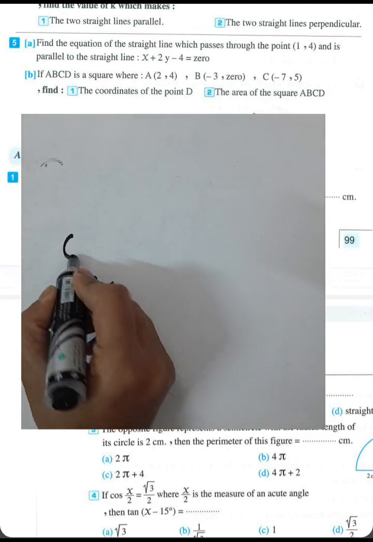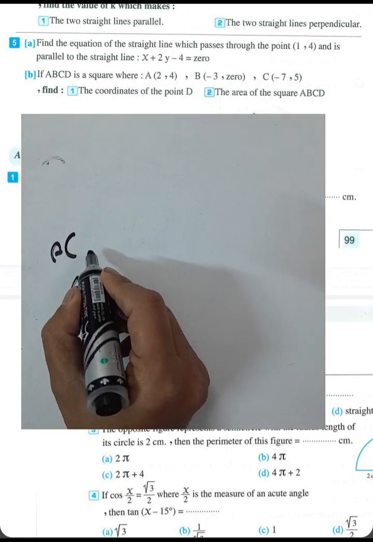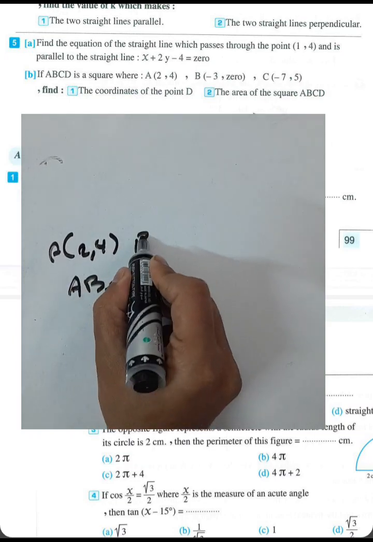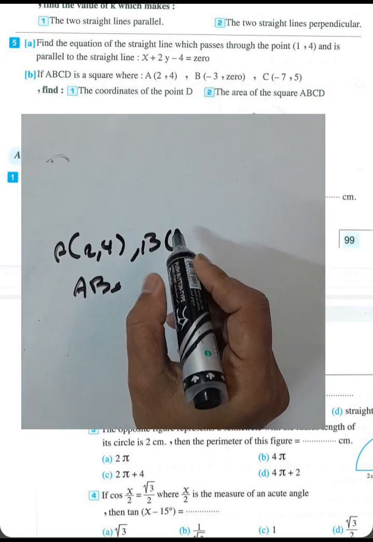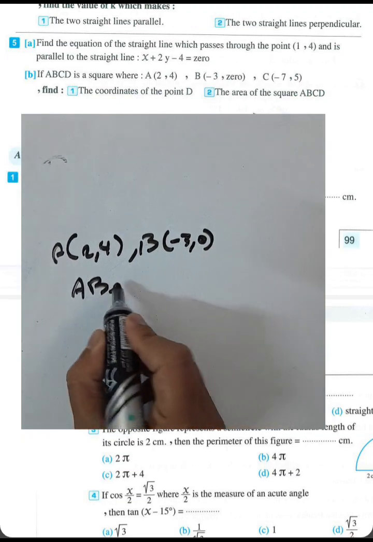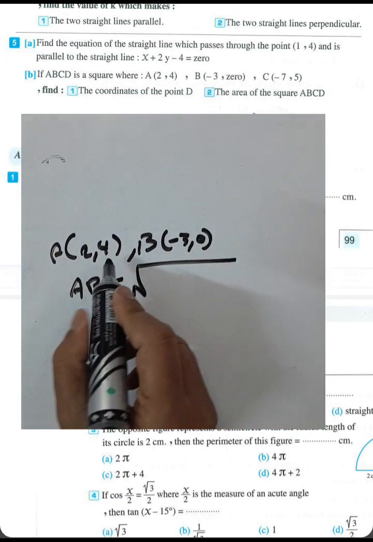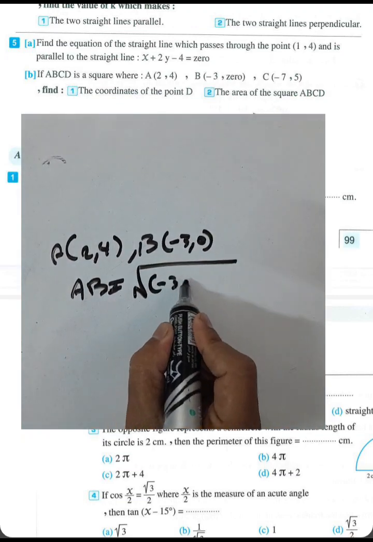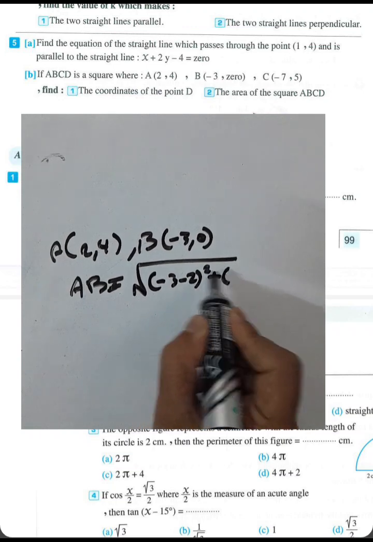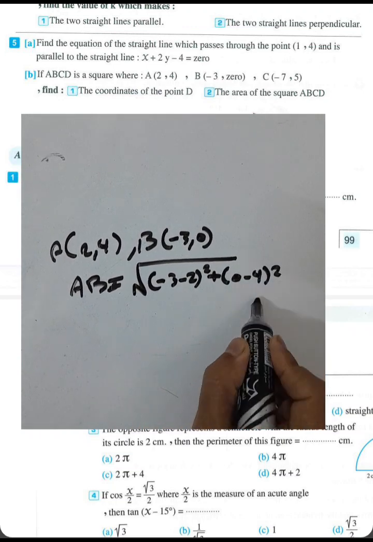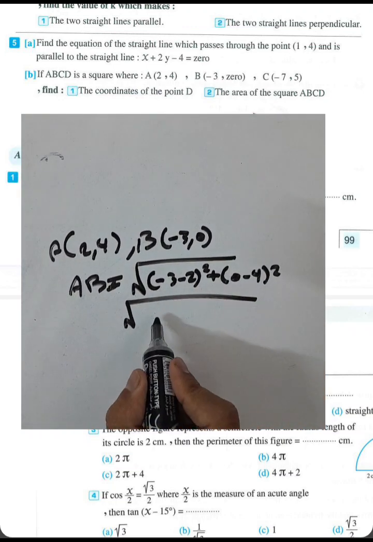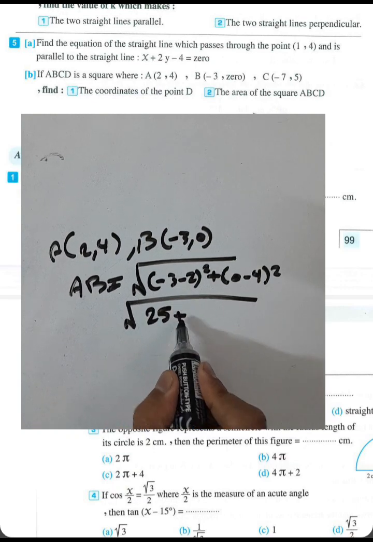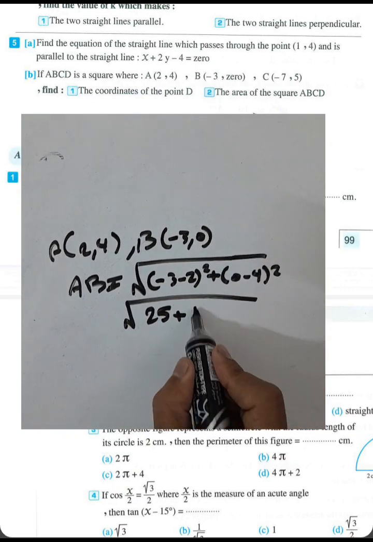We have point A as (2, 4) and point B as (negative 3, 0), and write the square root of negative 3 minus 2 to the power 2 plus 0 minus 4 to the power 2. Negative 3 minus 2 is negative 5, power 2 is 25. 0 minus 4 is negative 4, power 2 is 16.